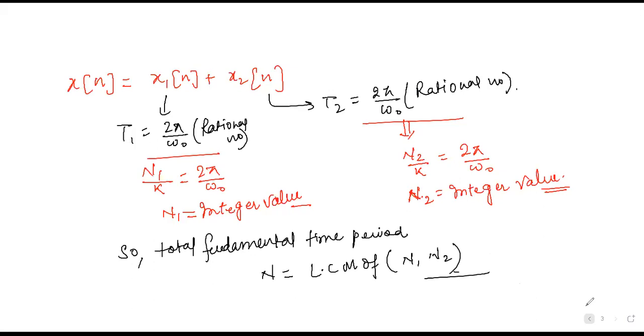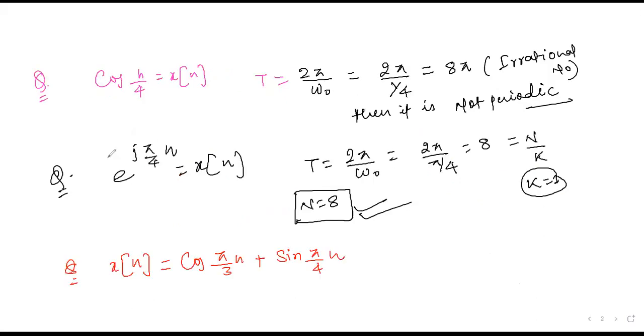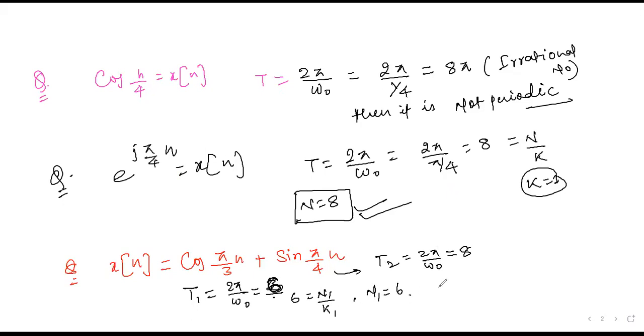Now come to the next question. Now in this question, T1 equal to 2 pi by omega naught, and this is equal to 6, and T2 equal to 2 pi by omega naught, and this is equal to 8. So 6 equal to N1 by k1, so N1 equal to 6.